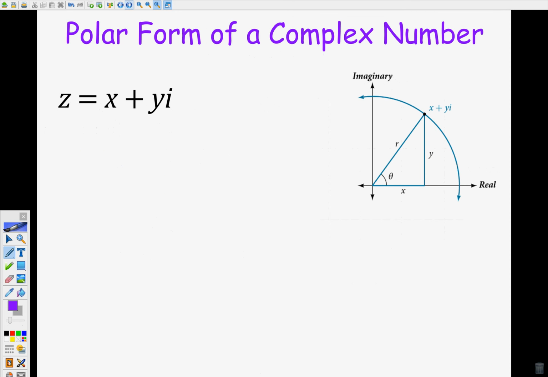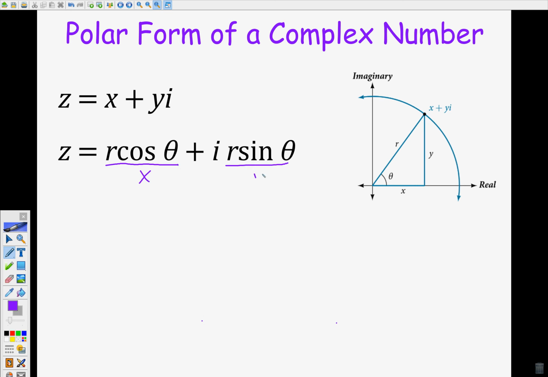So we also have to work with the polar form of a complex number. If we start with our rectangular form, z equals x plus yi, and we use the same substitutions that we used yesterday, right? Instead of x, we can substitute in r cosine theta, and instead of y, we can substitute in r sine theta, right?